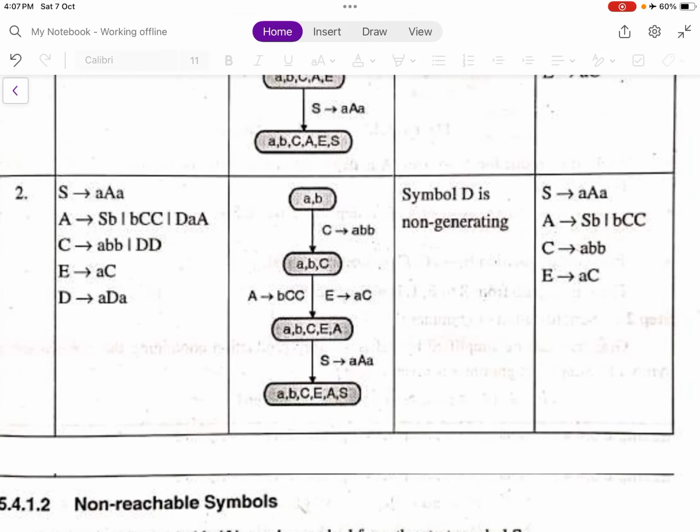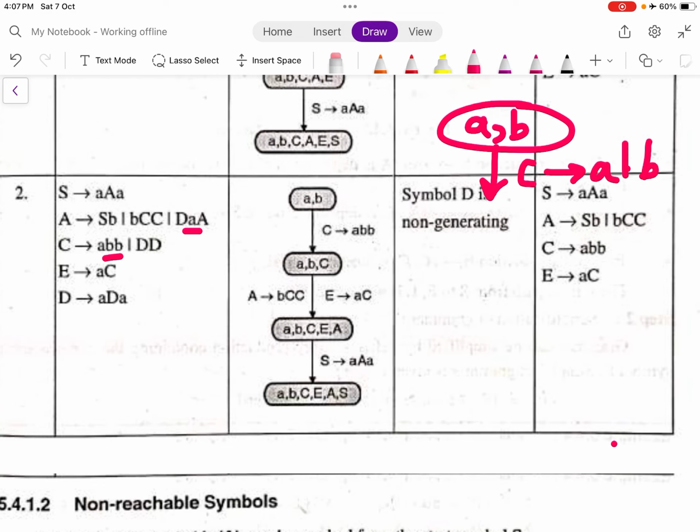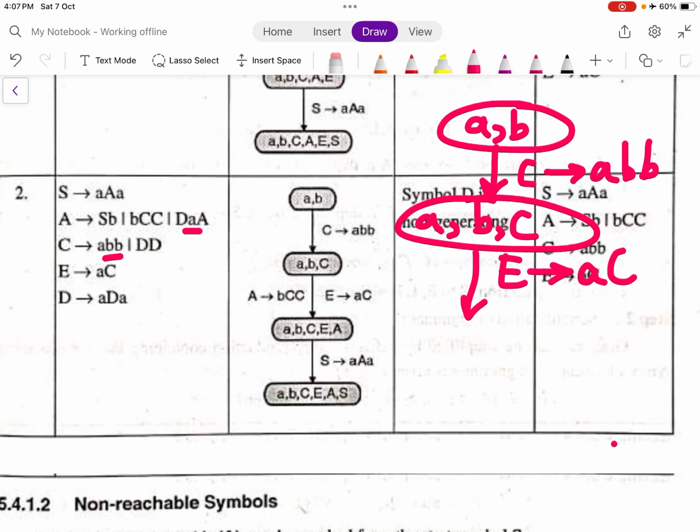In the next example also, A and B are the terminal symbols. We start with A comma B. C gives ABB, so we write A, B, C. E gives AC.